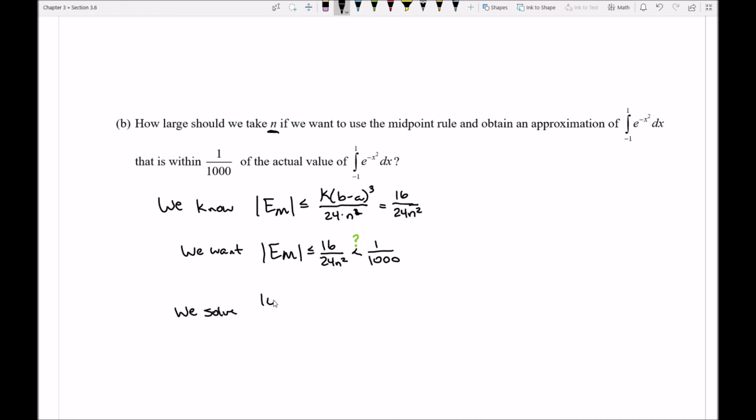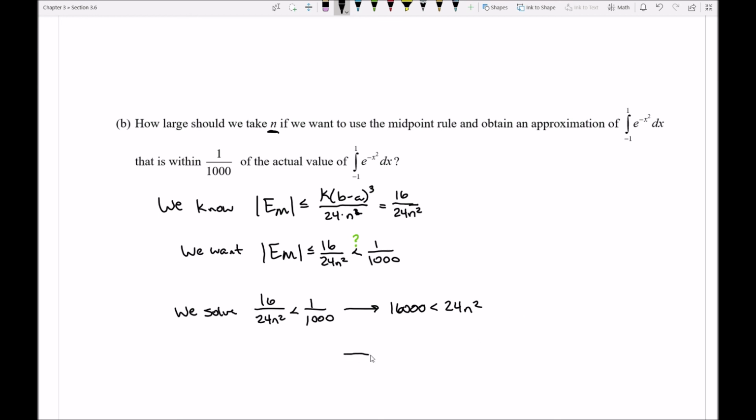So I'll say we need to solve here this little inequality. Now, fortunately, everything on both sides is positive, so when I start multiplying things around, I don't have to worry about changing the order of that inequality sign. So let's see here. If I multiply over this 1,000 and my 24n squared, I'm going to get 16,000 should be less than 24n squared.